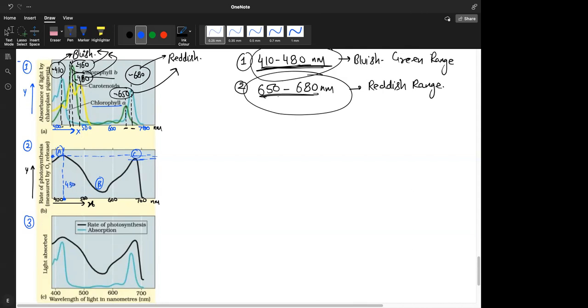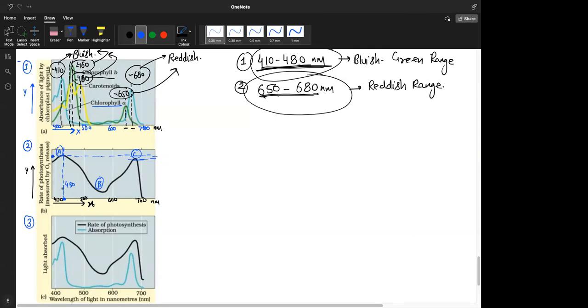What does it tell? It tells that the maximum absorption is around the blue region. There is no absorption in this graph, not a single word which is absorption. Where is absorption in this graph? I mean the rate of photosynthesis.